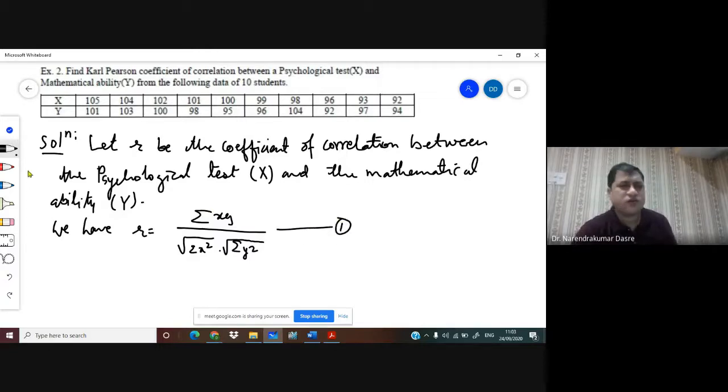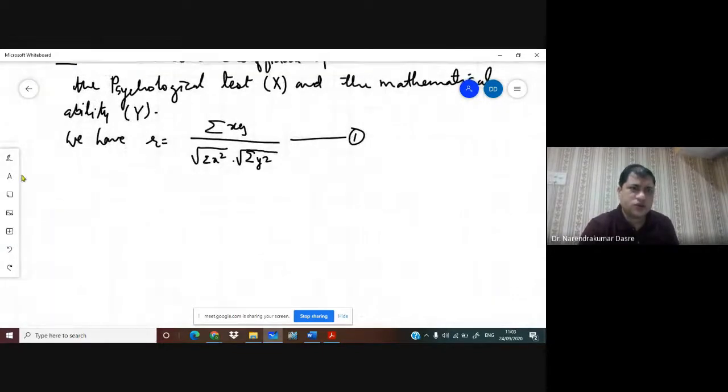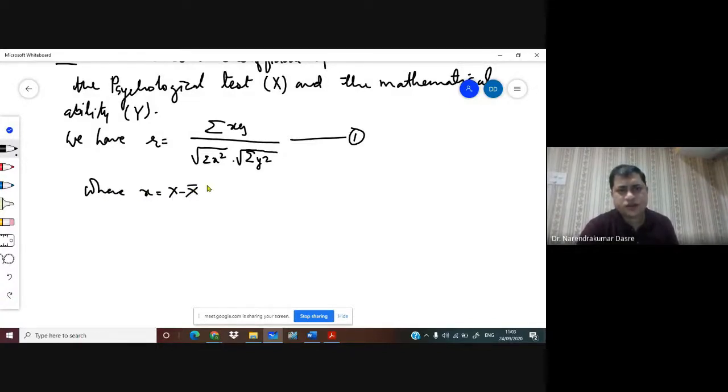There we have to write what is x, y, r, where small x is equal to capital X minus x bar, the mean deviation of x from x bar.